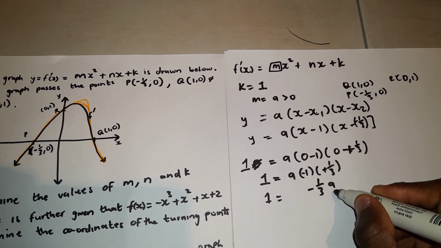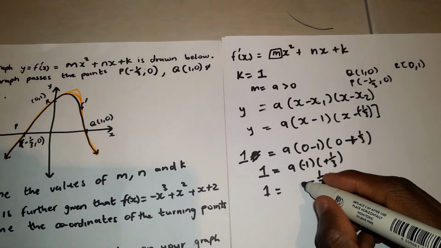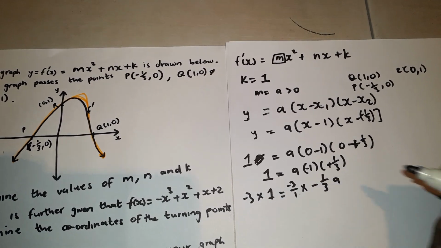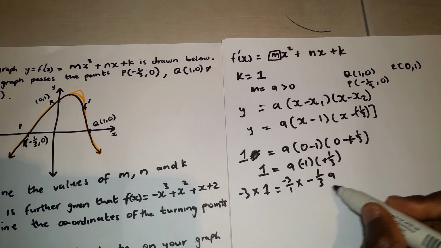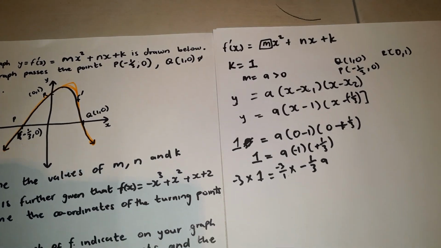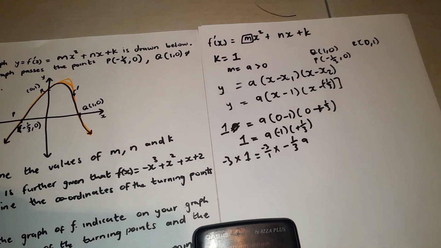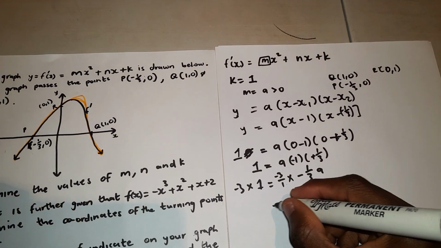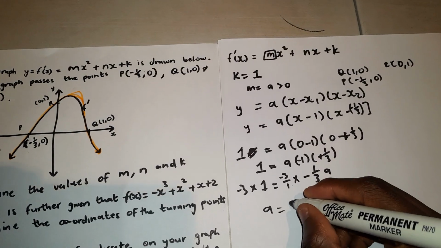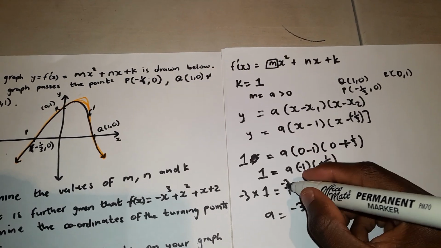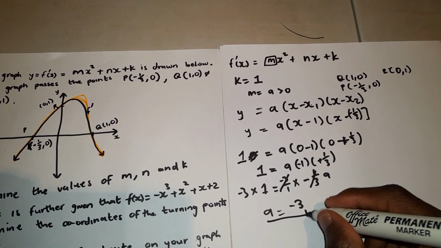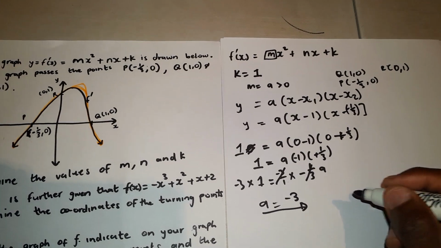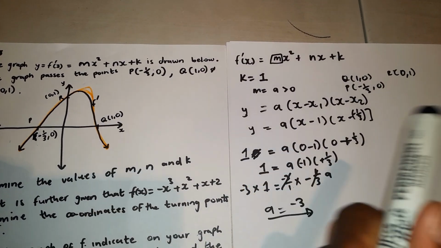So since we are looking for our a, we can just multiply both sides by the inverse here, or you can just divide: 1 divided by negative 1 over 3. So it will be negative 3, our a. Many of you may wonder why our a is negative when the graph is, oh sorry, it's a sad graph.